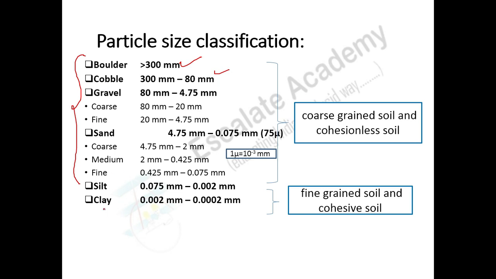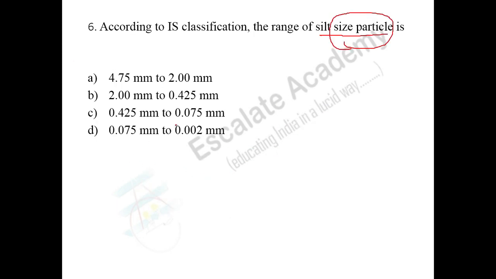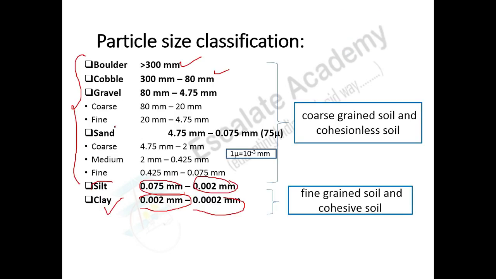Here we can see clay is below 0.002 mm, and silt is between 0.075 mm and 0.002 mm. So the particle of silt size range is 0.075 to 0.002 mm. So the right answer is D.